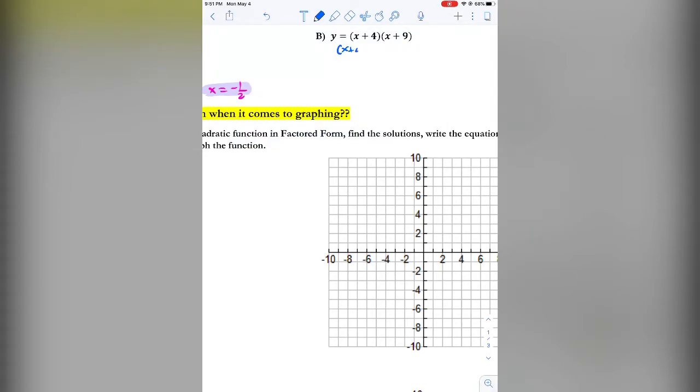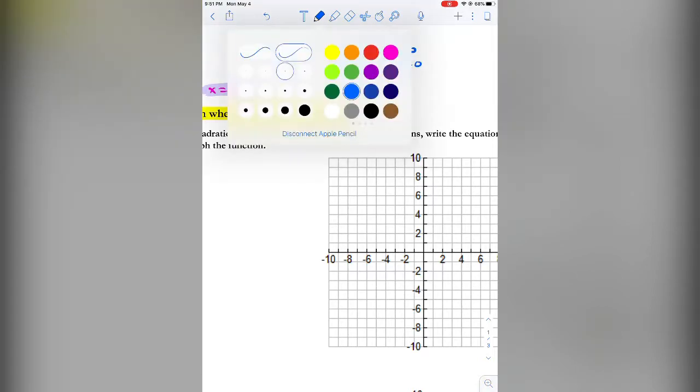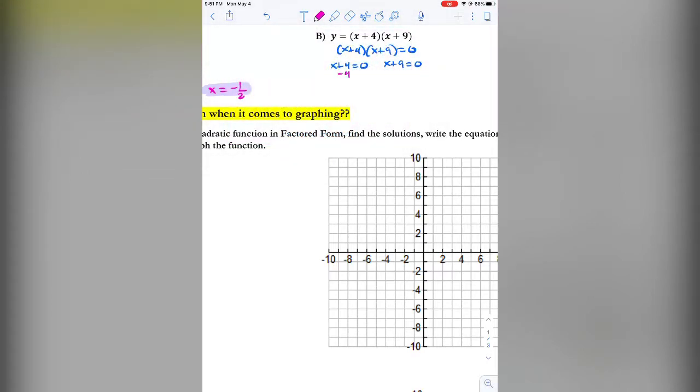So we're going to have x plus 4 times x plus 9 equals 0. Then each individual factor is set equal to 0. Then we're going to subtract 4 from both sides, subtract 9 from both sides. So we get x equals 0 minus 4, which is negative 4, and x equals 0 minus 9, which is negative 9.